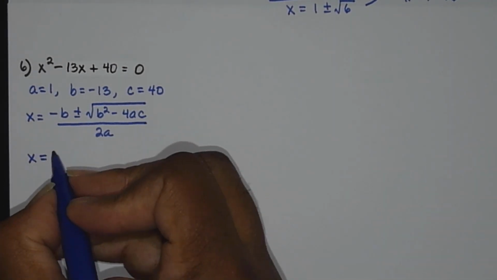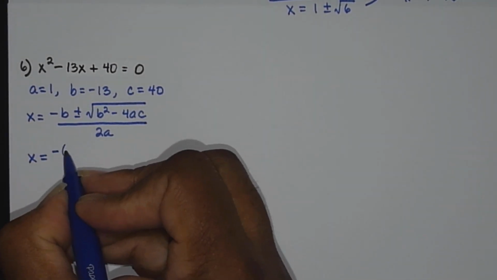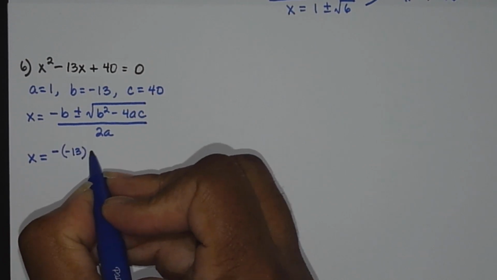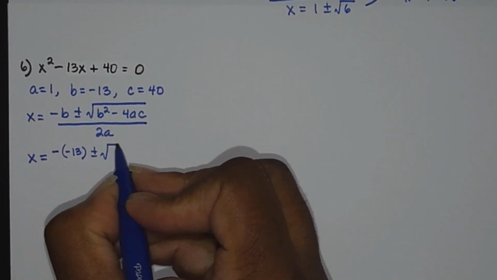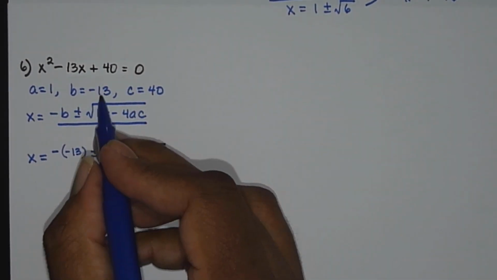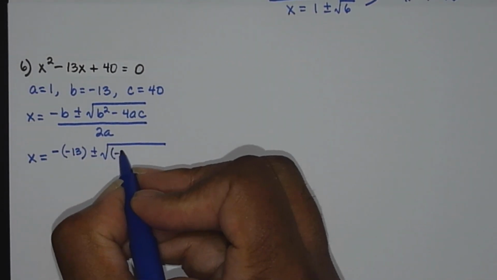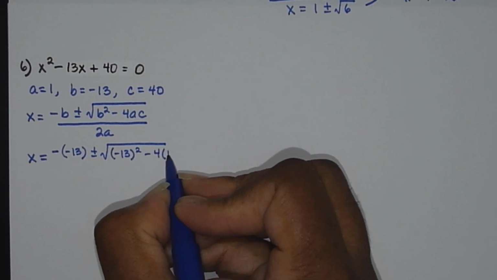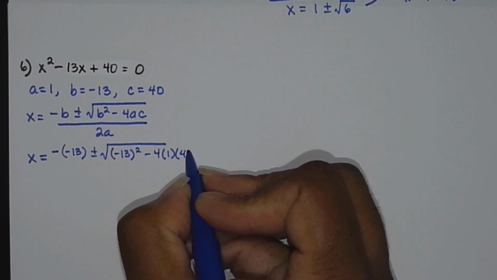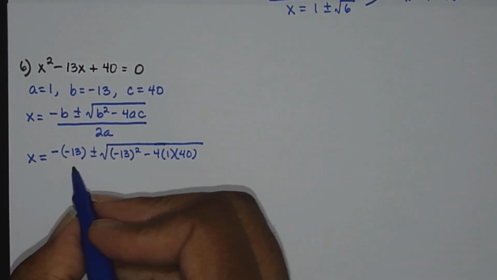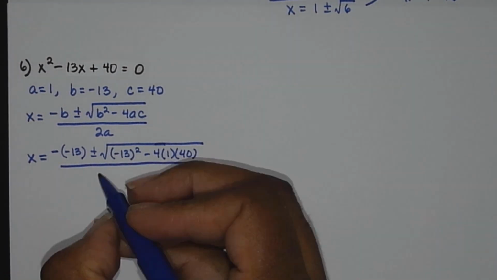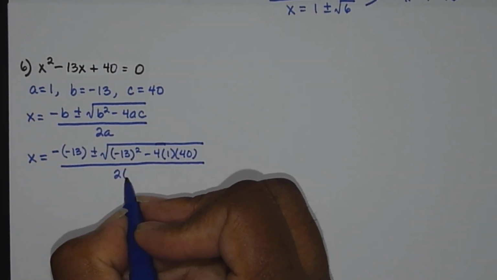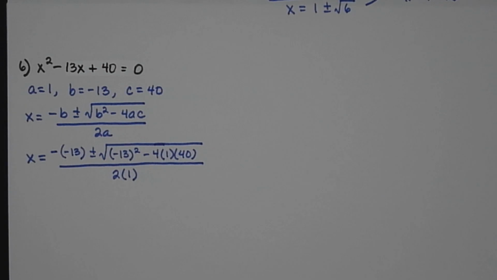Bring down the negative sign, replace the b with negative 13, so it'll be negative of negative 13 plus or minus the square root of b, which is negative 13, and that will be squared minus 4 times a, which is 1, times c, which is 40. Whole thing is divided by 2 times a, or 2 times 1.